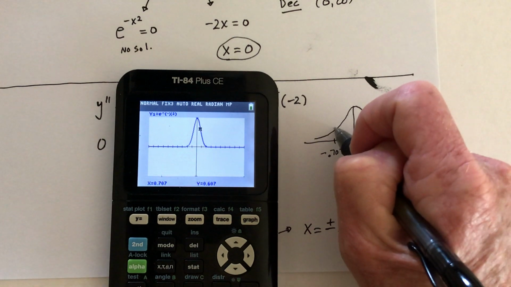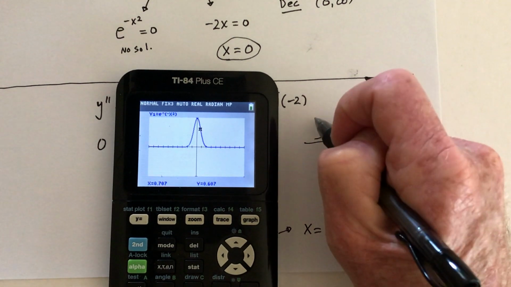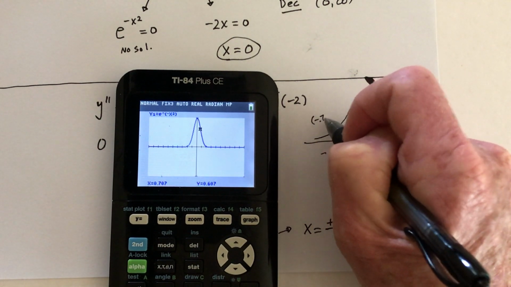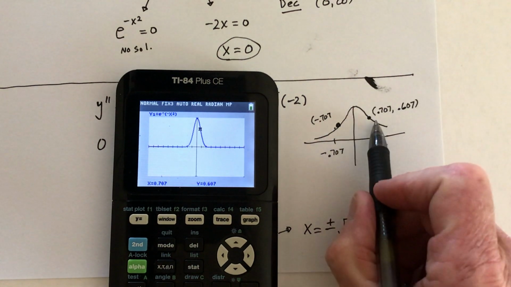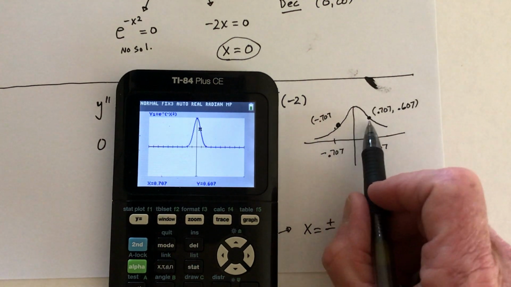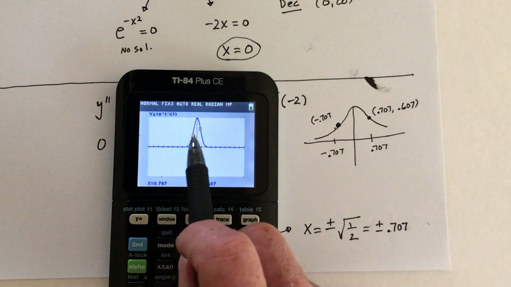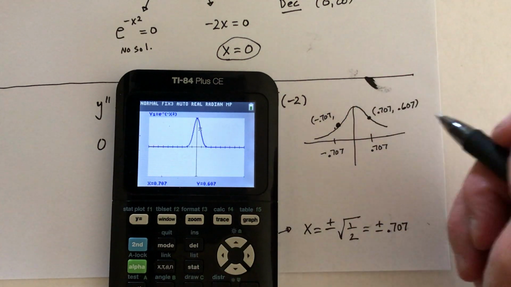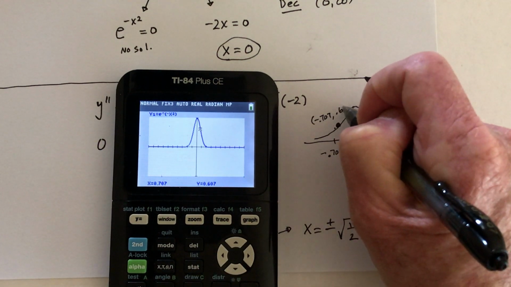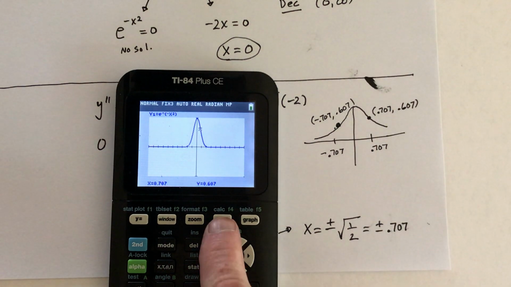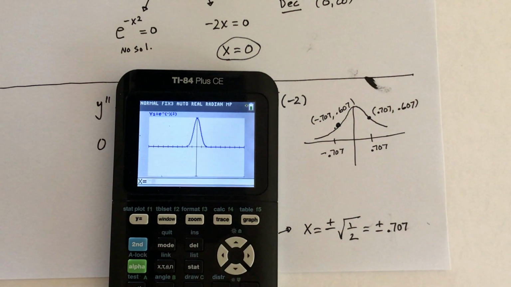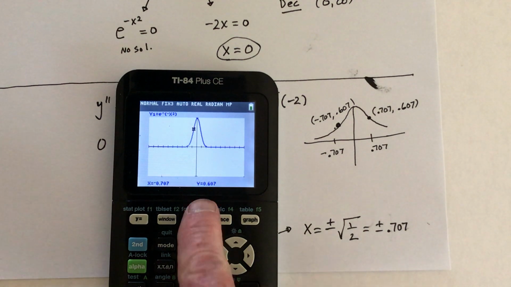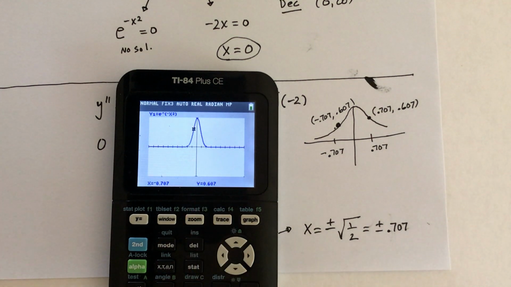And when I do it on this side, it should be negative 0.707. And because the graph is symmetric, the way that I drew it, it's not exactly symmetric, but this is symmetric, that means the y value should still be 0.607. Let me test that theory, trace, and put in negative 0.707. And yes, it's the same 0.607.